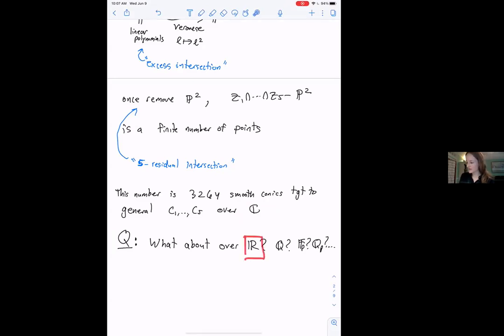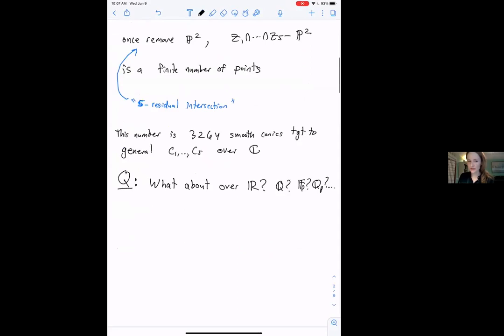You can go to talks about this over R. The count can be 0. There has to be even. It's not clear what all the possibilities are.